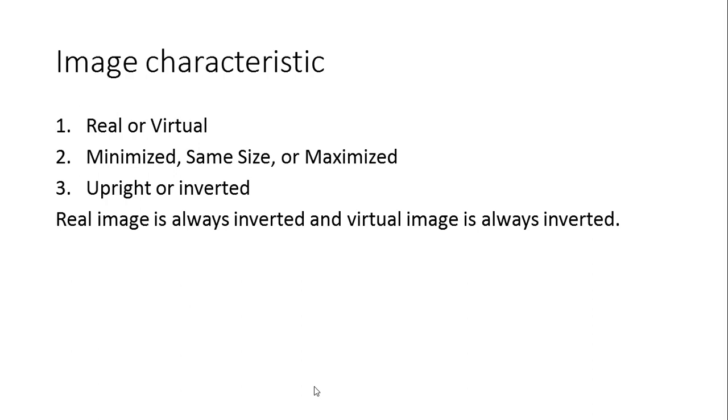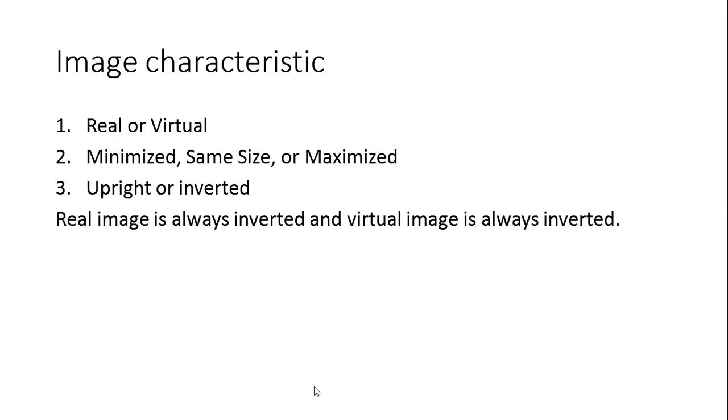Okay, so the second is about the size of the image that results from the reflection of an object. So is it enlarged or reduced or as large as the original object? And third, does the resulting image stand upright or upside down as shown in the previous slide?